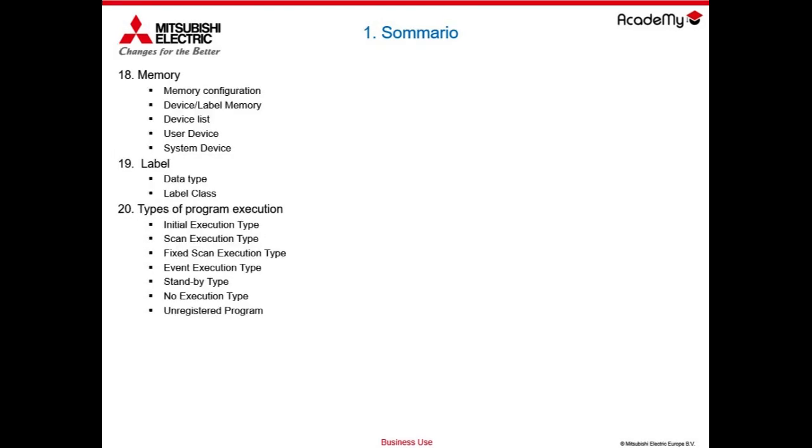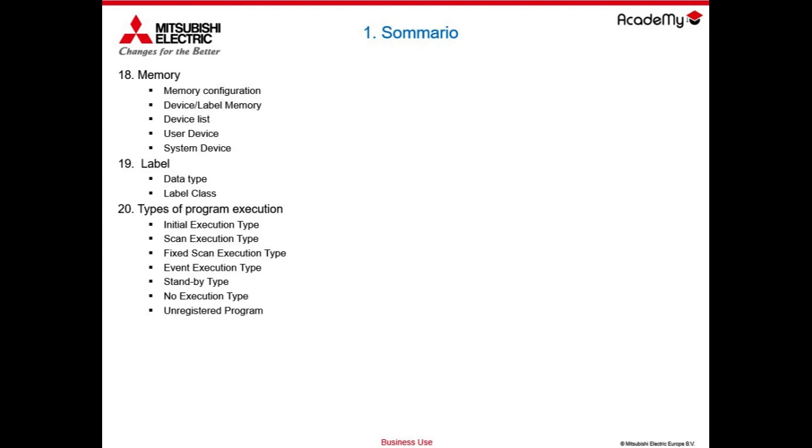Next, we will talk about memories that make up the PLC-R, then the device and label. The first, in turn, is differentiated in user devices, meaning programmable memories made available to the system, which therefore will not need a variable declaration, as they are already known and able to be used by the user in programming.